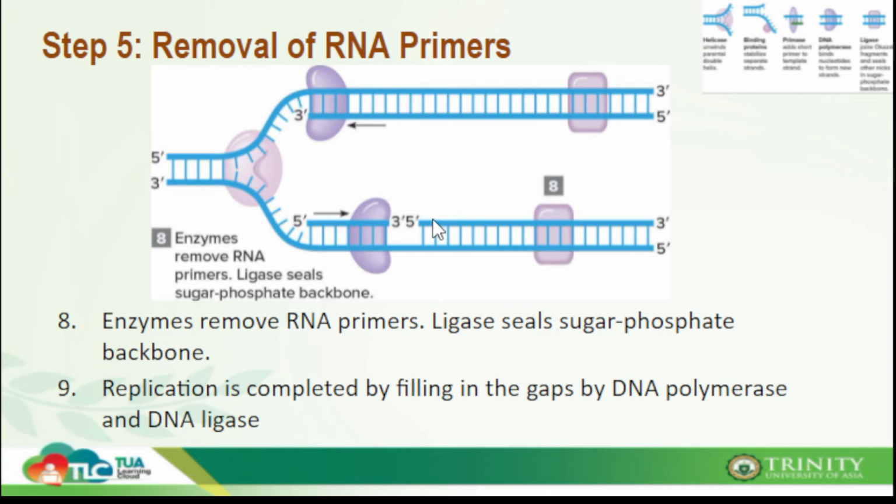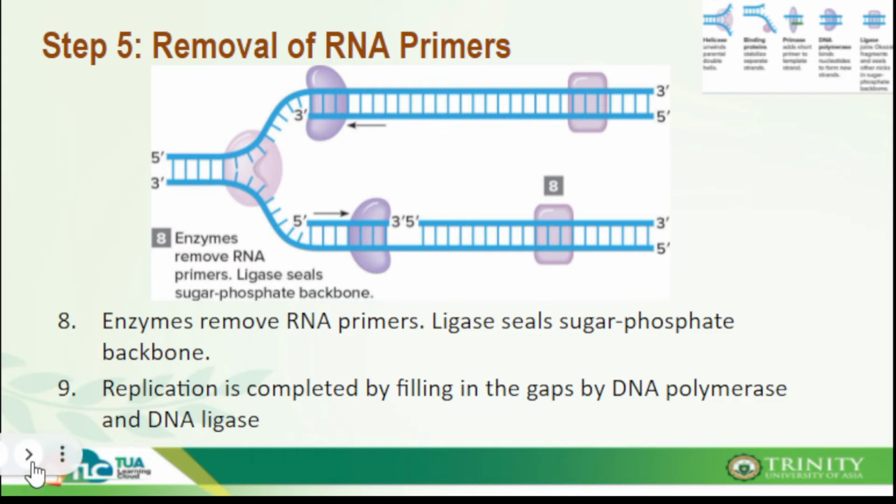So, from hiwa-hiwalay na Okazaki fragments, it will connect them together in order for a new daughter DNA strand to be produced. So, what removes the incorrect nucleotides again? It is your exonuclease. But what fills in the gaps are your DNA polymerase and then isasara ng DNA ligase.